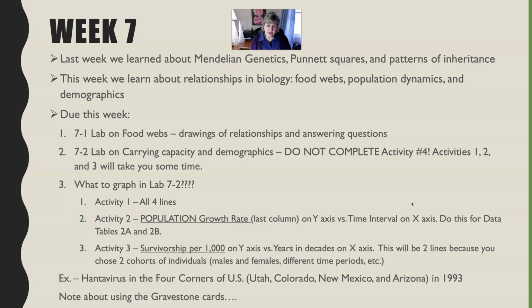The 4 corners are the 4 states: Utah, Colorado, New Mexico, and Arizona. And so you see this is sort of a desert area in here. And some of these were Native Americans who were passing away. And it was all young people.